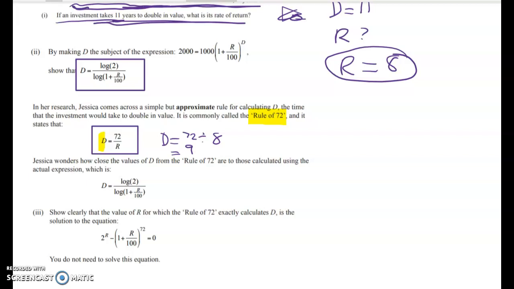And the last part requires us to show that the r value for which this one will give us exactly the right answer solves this equation. In other words, when will the d from this one match exactly the d from this one? And that's your big clue about how to solve that problem. We're going to equate those 2 things.